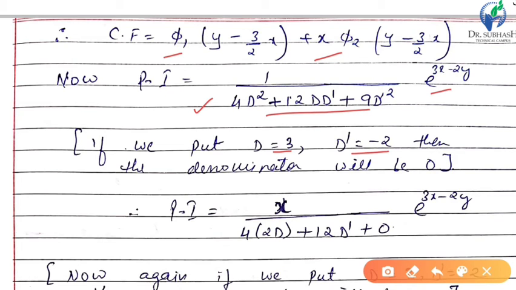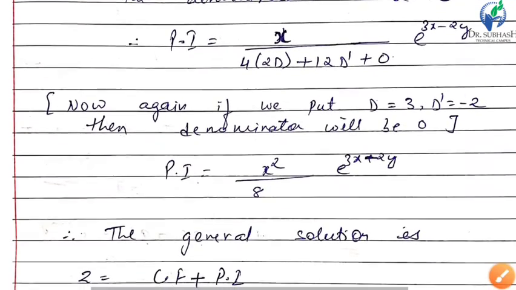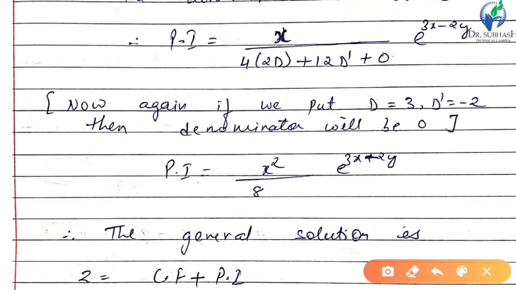Whenever the denominator becomes 0, we multiply by x in the numerator and differentiate the denominator with respect to D. So we are left with x upon 4 into (2D plus 12 D dash plus 0). Now again we put D equal to 3 and D dash equal to minus 2, and again the denominator becomes 0.